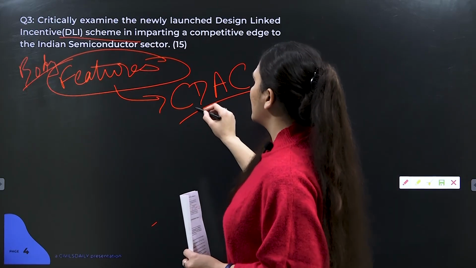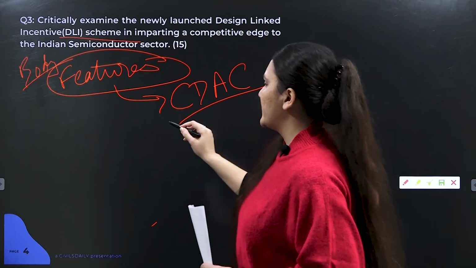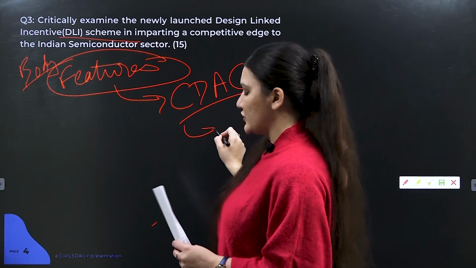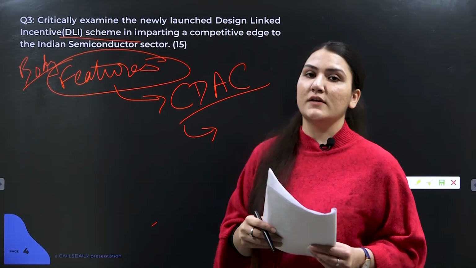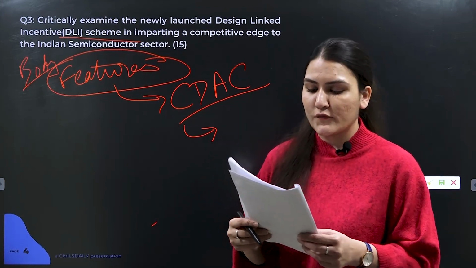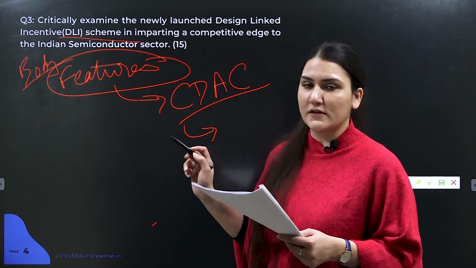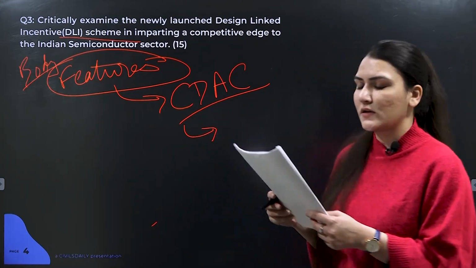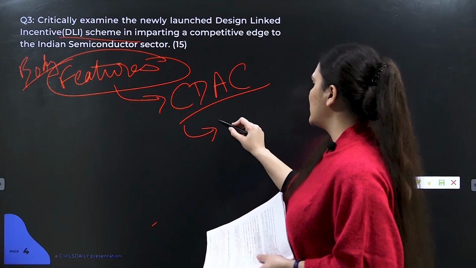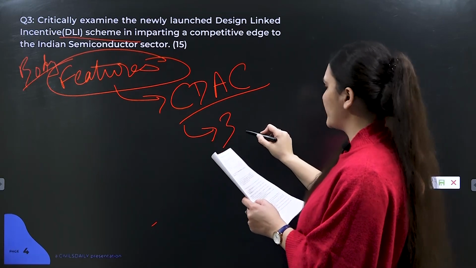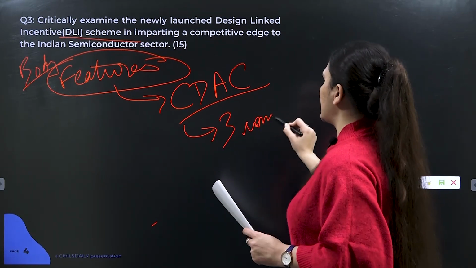After mentioning this implementing agency, you can describe the features: it basically aims to provide financial and infrastructural support, and to also support expenditures when it comes to the semiconductor sector. And then you can get into the detail of the three components of this scheme.